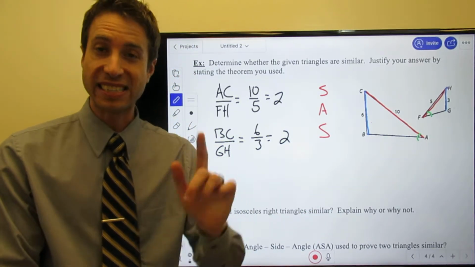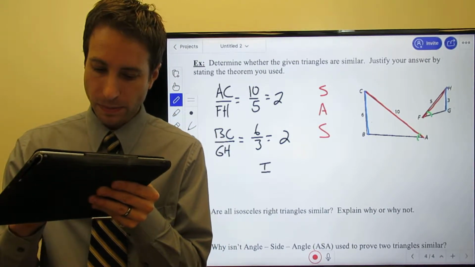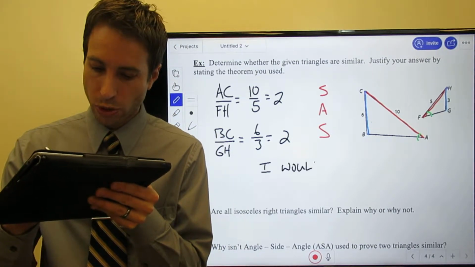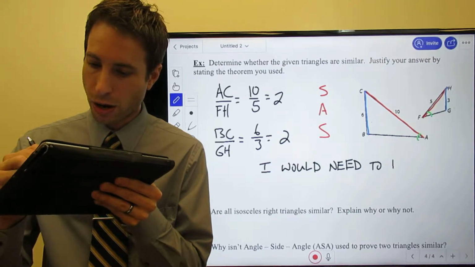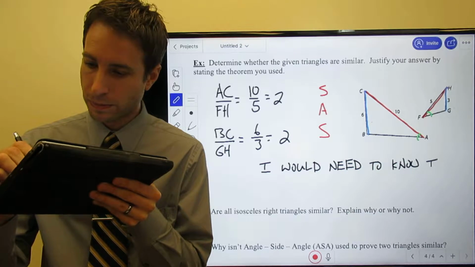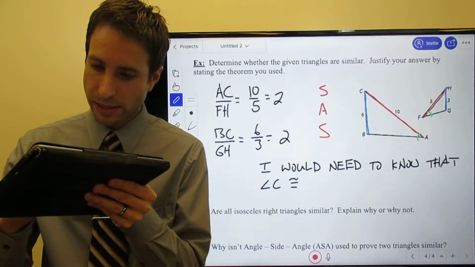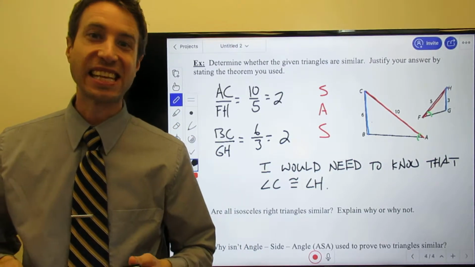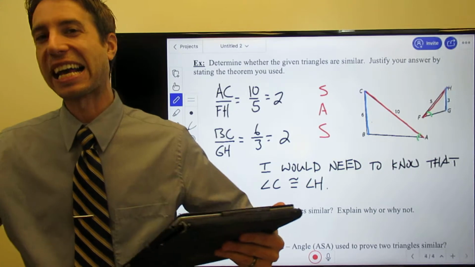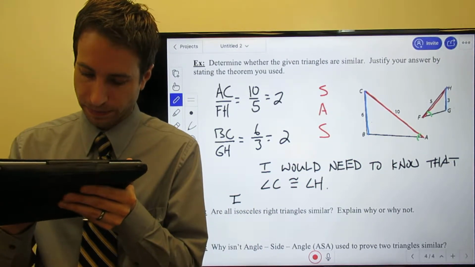There isn't one. It's side, angle, side. I would need to know that angle C is congruent to angle H. But since I don't know that, I cannot prove that these triangles are similar.